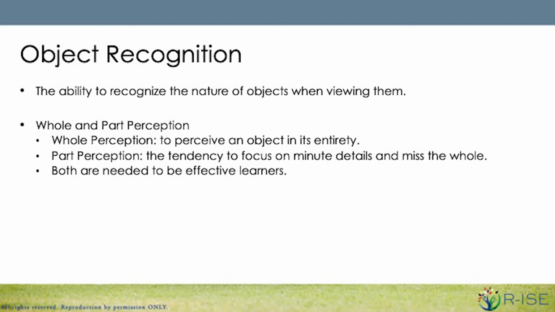Whole and part perceptions. I know personally I am a whole to part learner. That whole perception to perceive an object in its entirety needs to occur first. The part perception is the tendency to focus on minute details and miss the whole picture, or for some with visual processing needs, they need both to be effective learners.